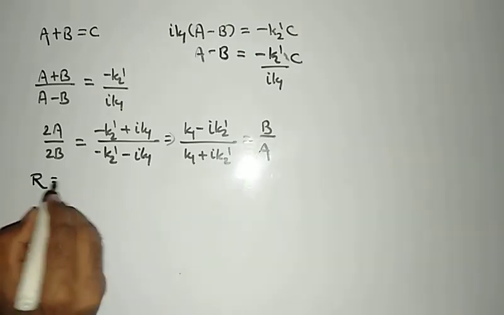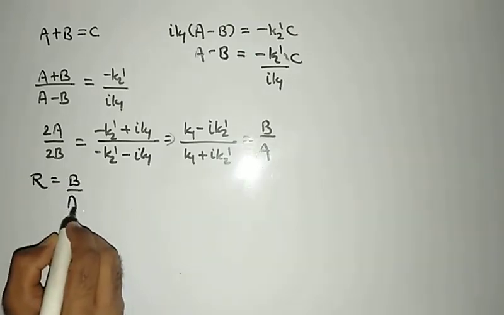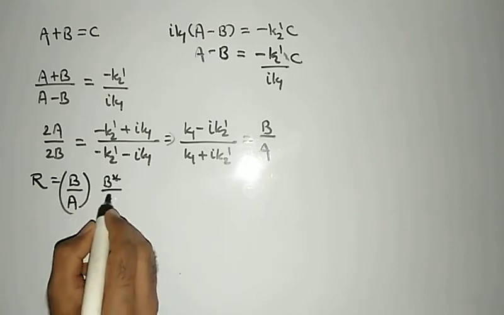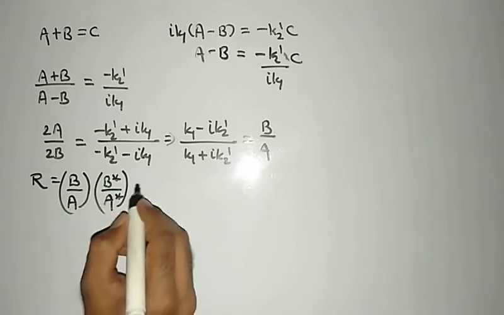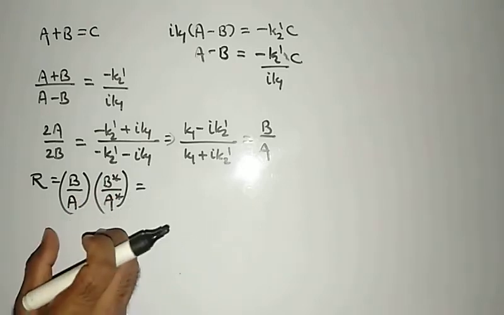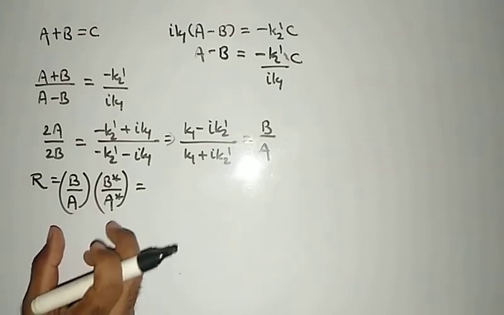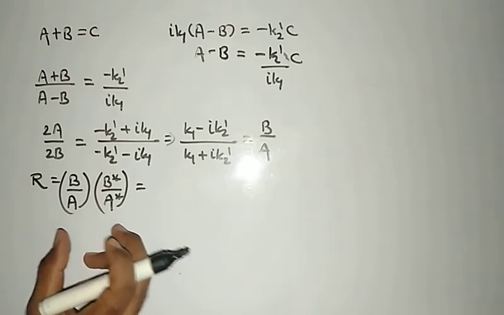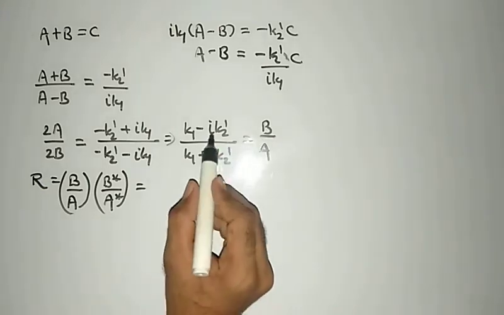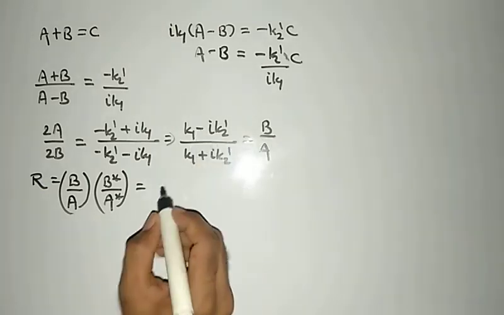Now, what is reflectance? B by a times b star upon a star. These expressions we have found in case first, so if we have seen case first, no problem will be here. To find the complex conjugate, this i here will be plus.